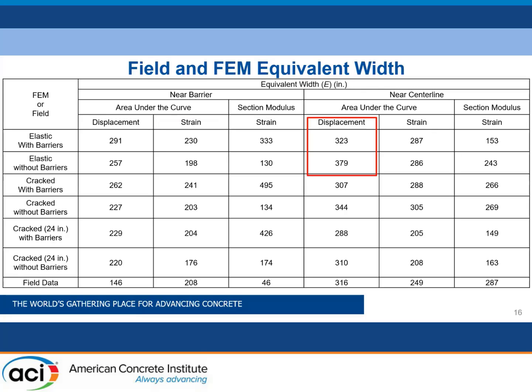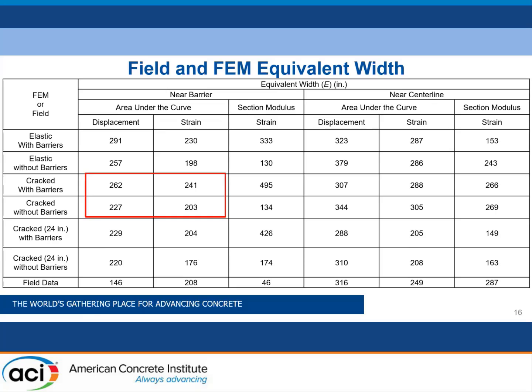However, if we look at the center line using displacement data, we see that the equivalent width actually increases when we take away the barriers, while it stayed almost the same for strain in some cases. However, the later examples with other models show there is little difference between the models with and without the barriers near the center line.